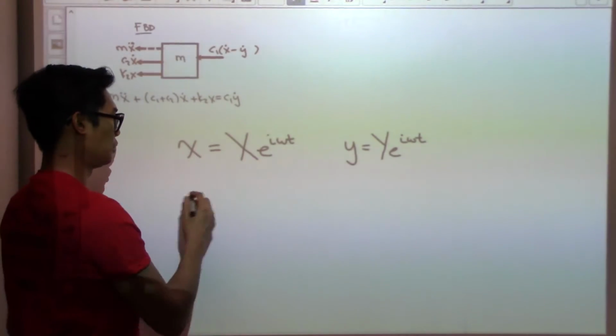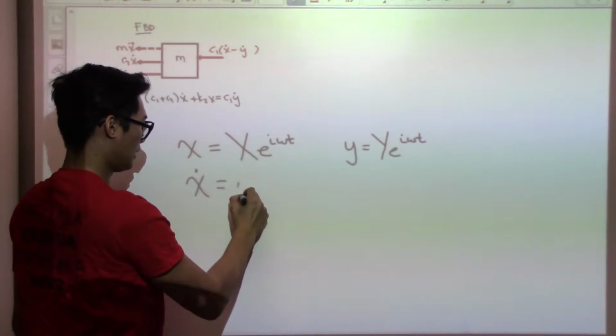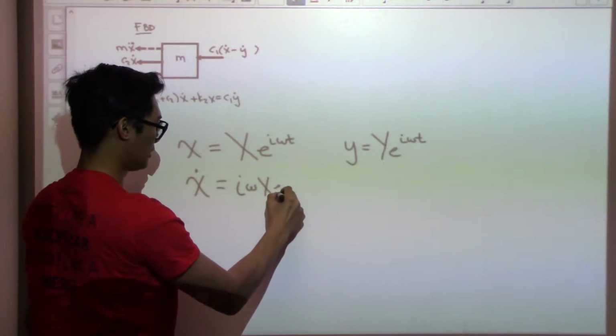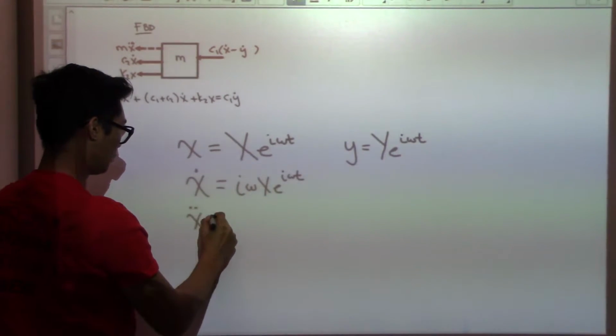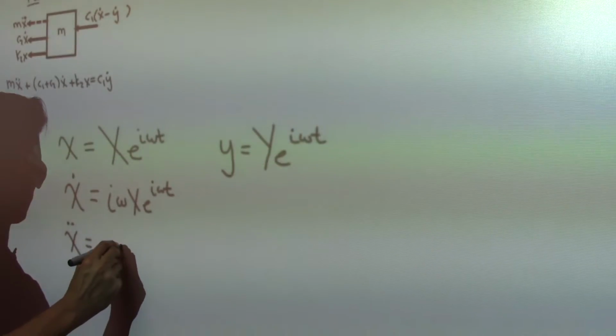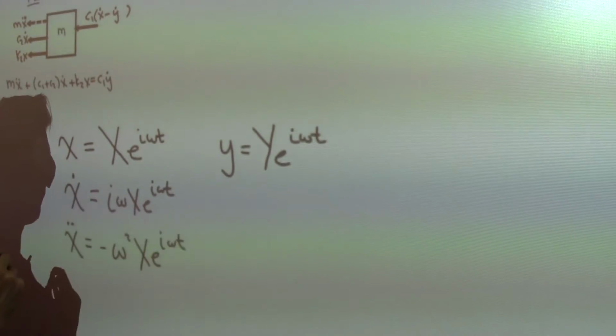If I were to take the derivative of these, x dot will give me i omega X e^(i omega t), and x double dot will be minus omega squared X e^(i omega t).